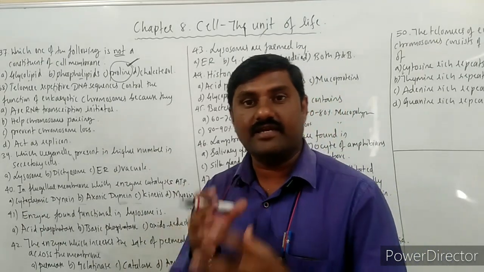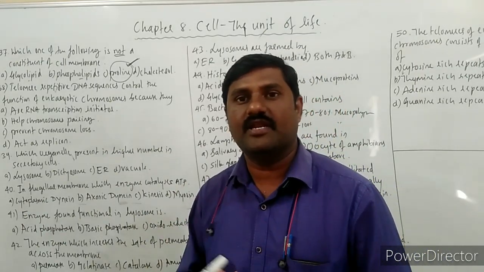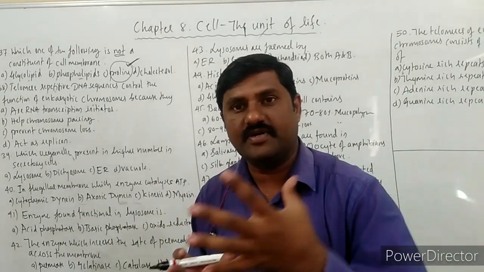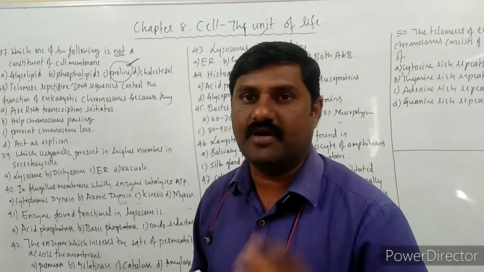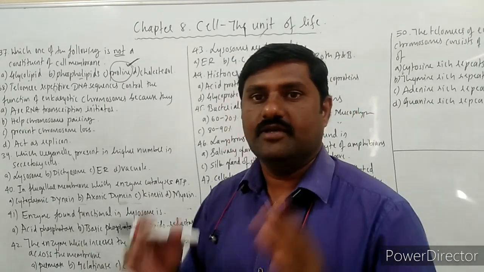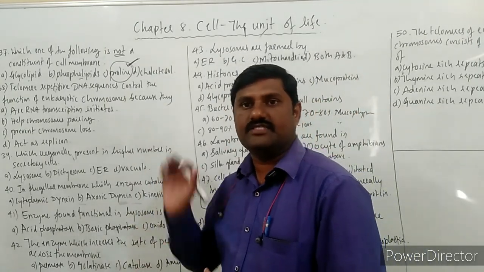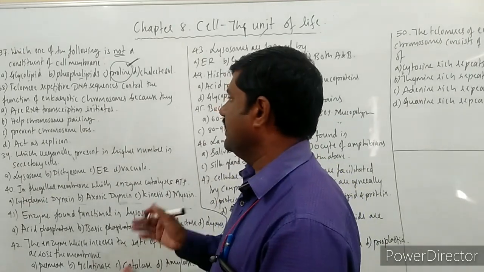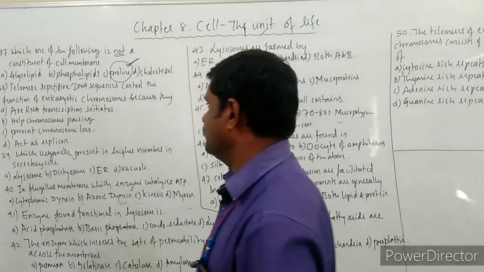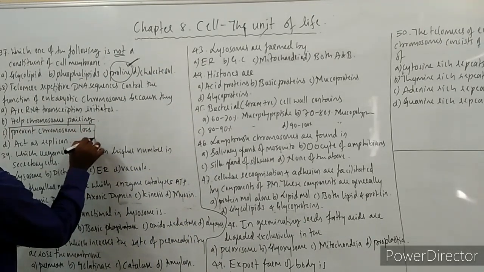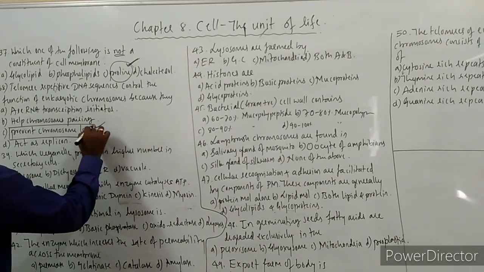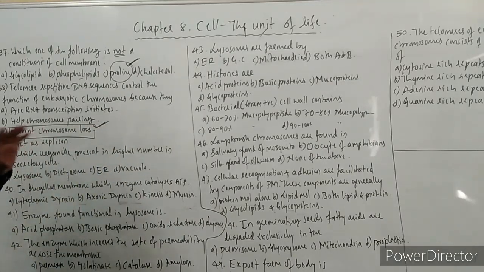Why? Because it is tightly coiled at the terminal part. It avoids the attachment of another chromosome, and even the detachment of the terminal part of the chromosome. Because of this reason, it controls the function. So the exact answer for this one is: it prevents chromosomal loss.